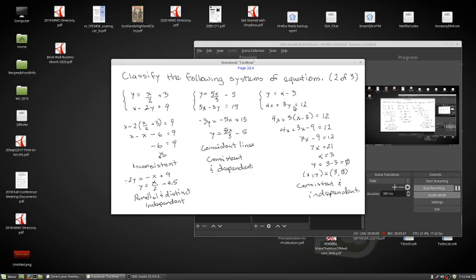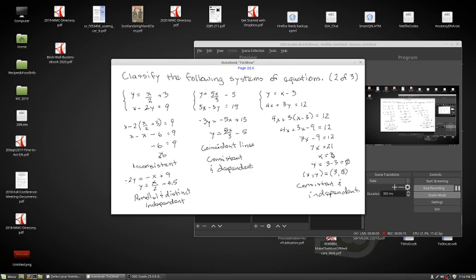Put in x minus 3 for the y here in the second equation, so we get 4x plus 3 times x minus 3, or 4x plus 3x minus 9. That gives us then 7x minus 9, or 7x, adding 9 to both sides, we get 21. Divide through by 7 and we get x is equal to 3.